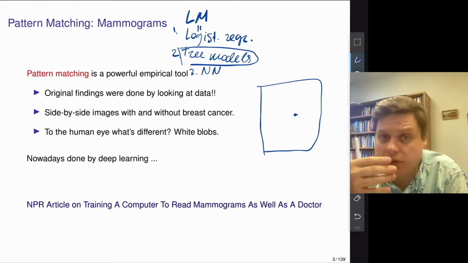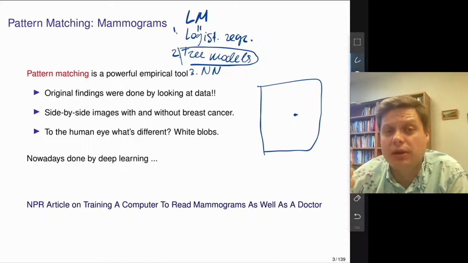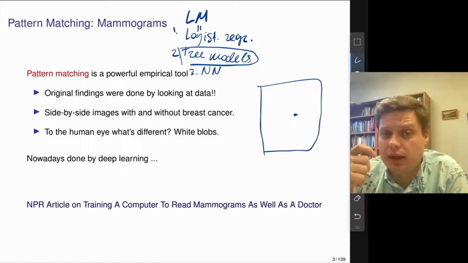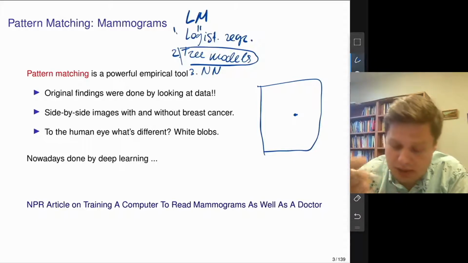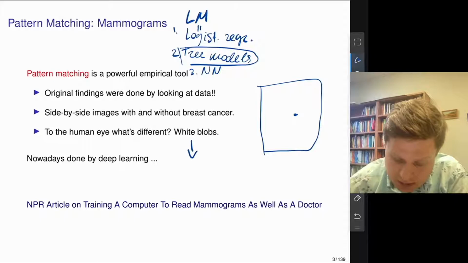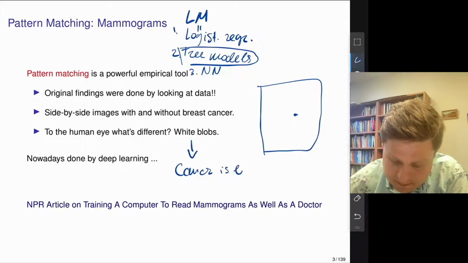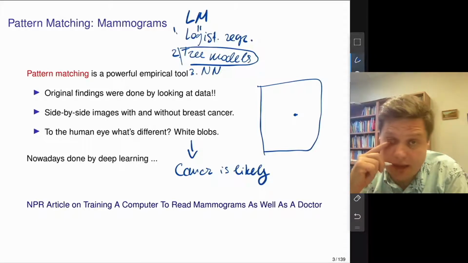And just by observing many images, the rule was designed in the following way. If you see a white blob, then it's very likely that the person associated with this image has breast cancer. So white blob, meaning that cancer is likely. So that was the rule that was designed by just purely observing the pattern.